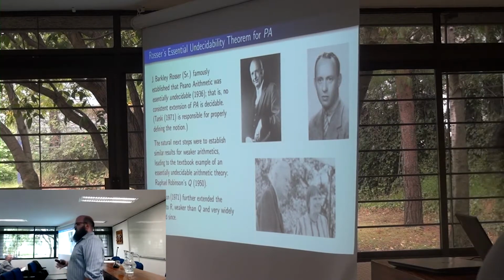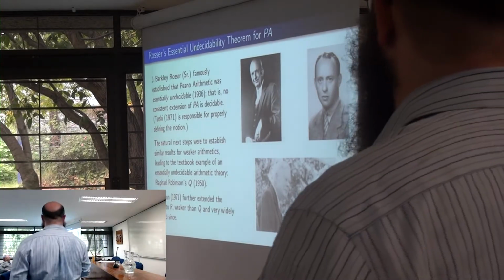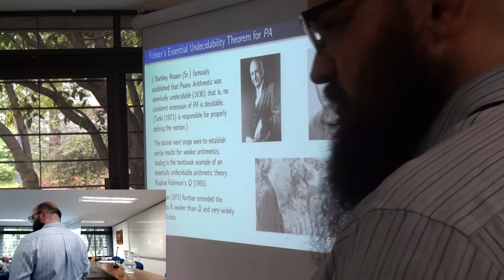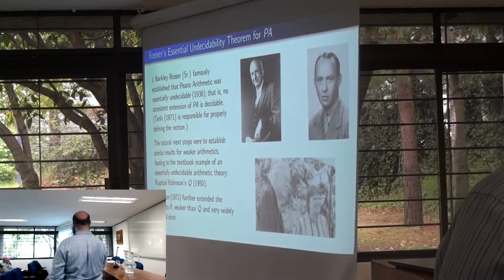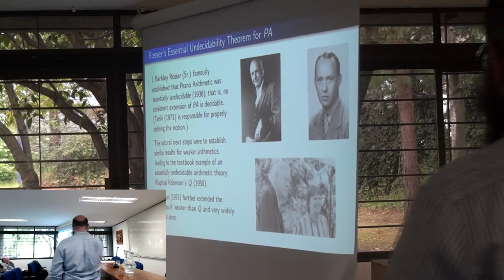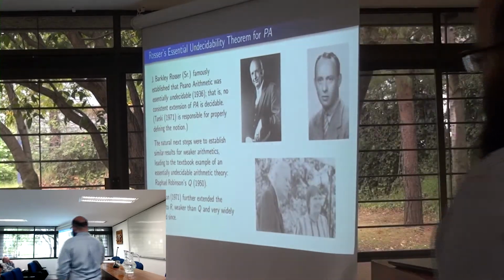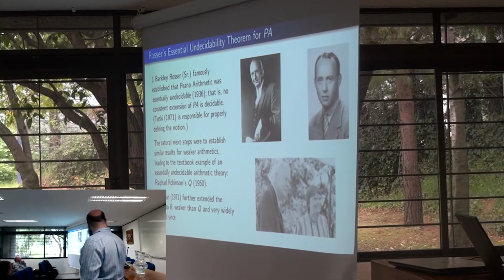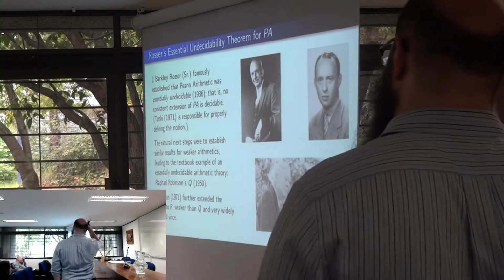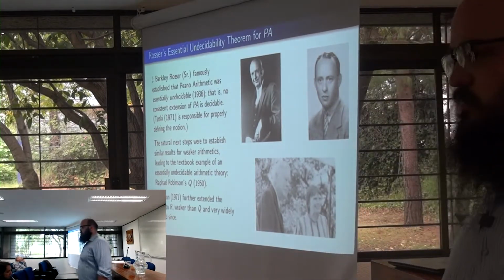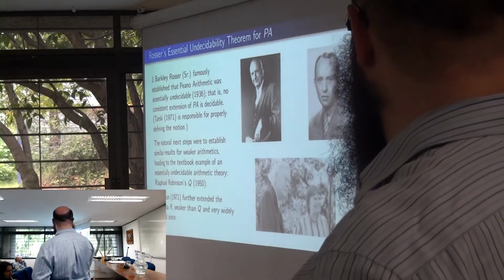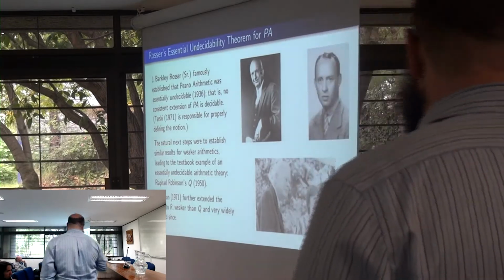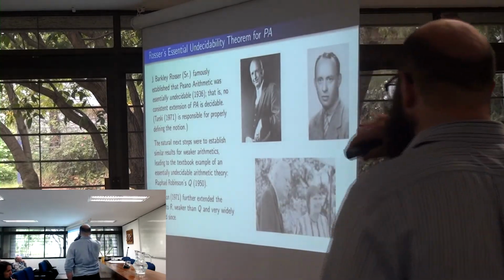After that was done, the next natural steps were to establish similar results for weaker arithmetics, leading to what is now the standard textbook example of not only an undecidable theory, but an essentially undecidable theory, which is Q, due to Raphael Robinson. You can see him here next to the famous Julia Robinson.